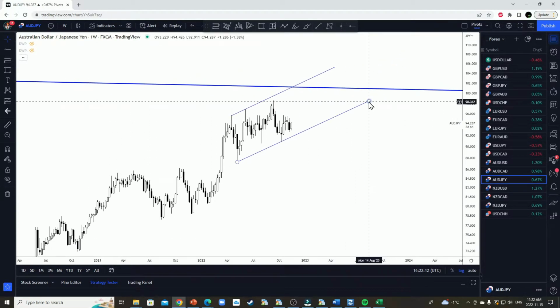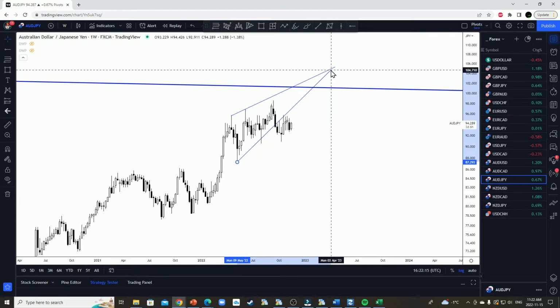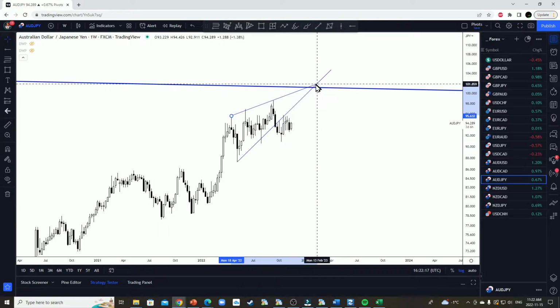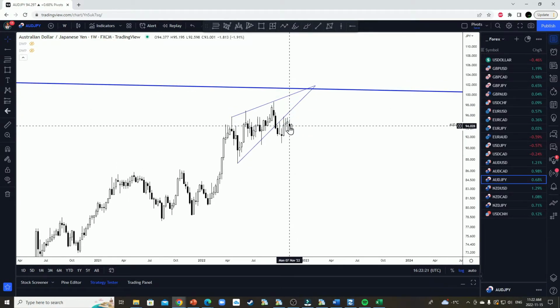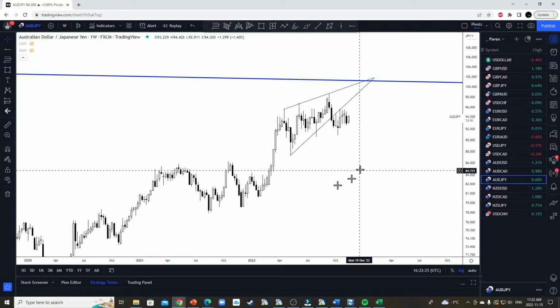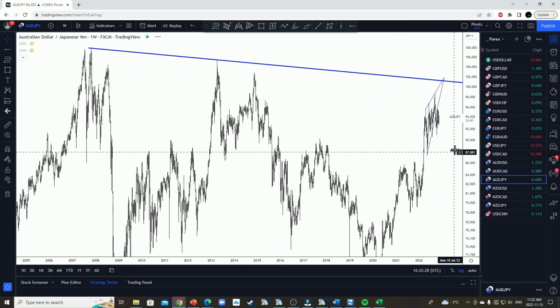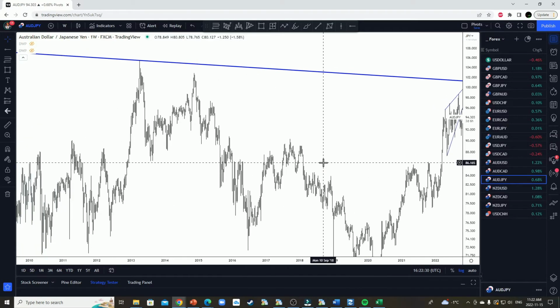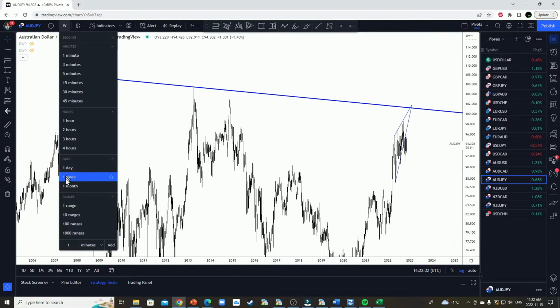I think this is more like a triangle that got tested. Right now it's holding, but I think this is fairly weak, but it could go test that trend line, which is very big. Let's go look at the monthly.